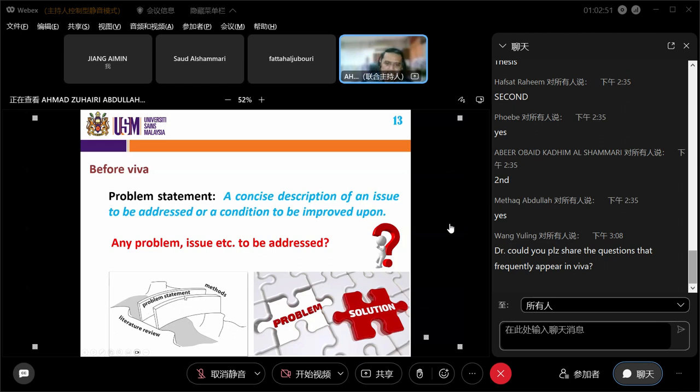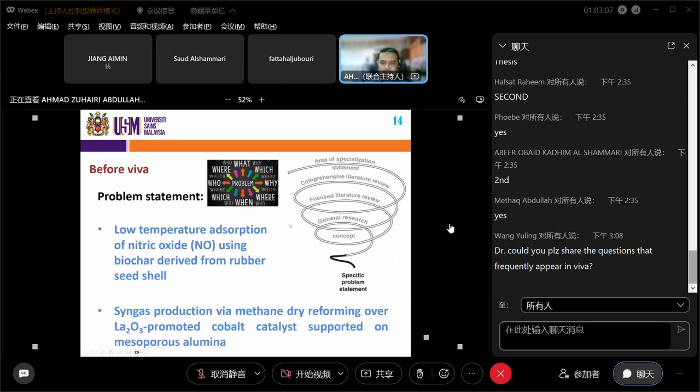Make it concise, make it specific to the study. Okay, so that is usually expected, and I expect it to be actually put or addressed in one of the slides during the Viva. Okay, problem statement.